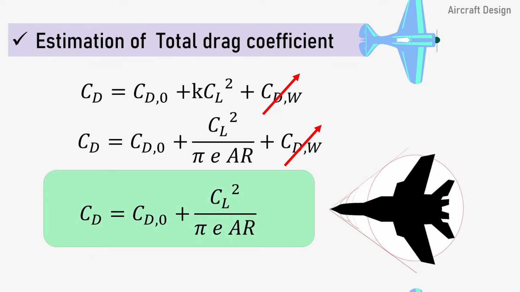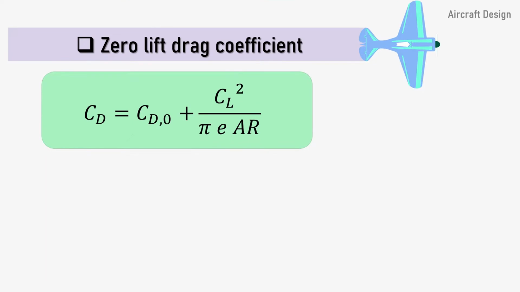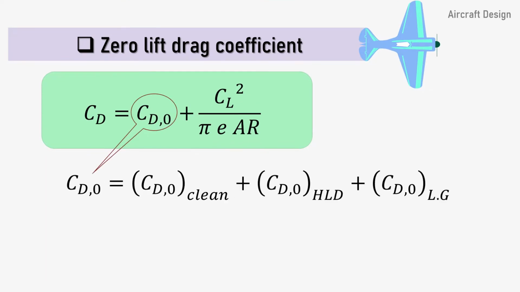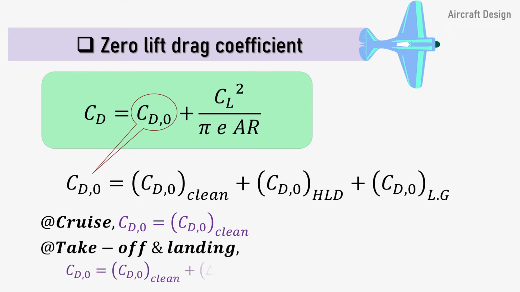First, the parasite drag or zero lift drag coefficient, CD naught, equals CD naught clean plus CD naught of the high lifting device plus CD of the landing gear. In the case of cruise condition, CD naught will be CD naught clean, and in the case of takeoff and landing, CD naught will be CD naught clean plus the high lifting device plus the landing gear.